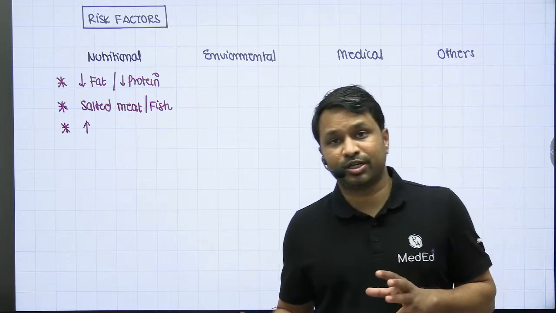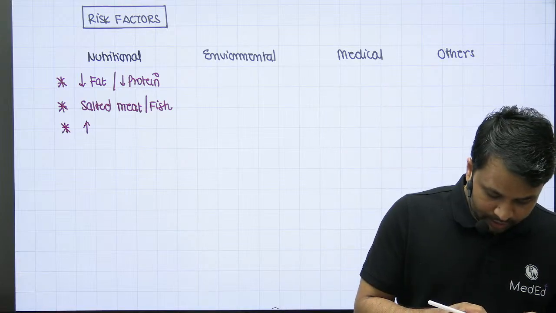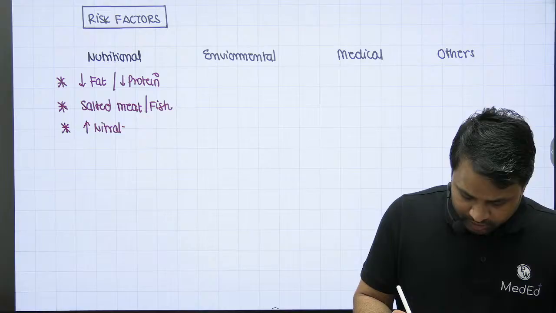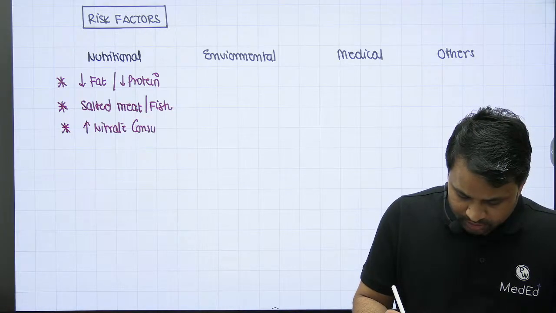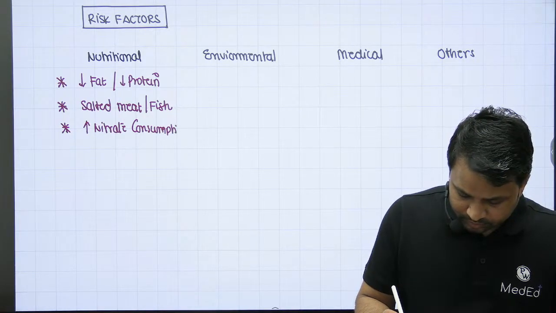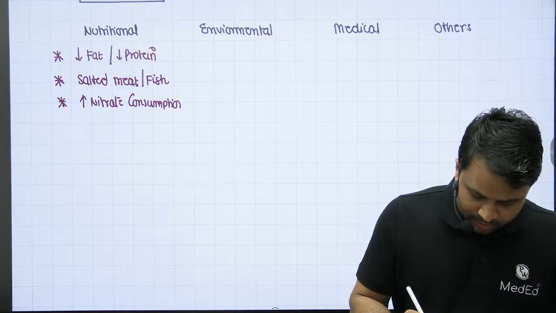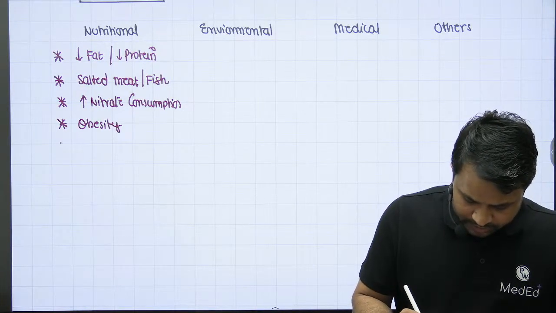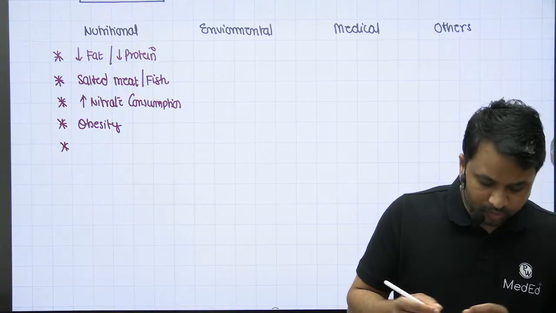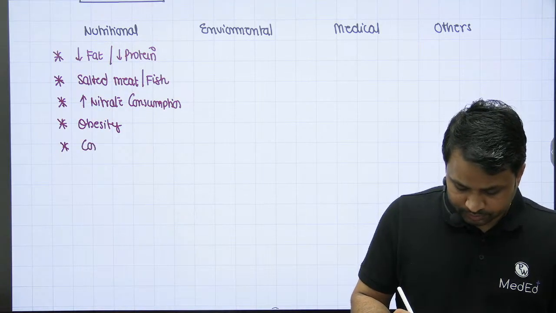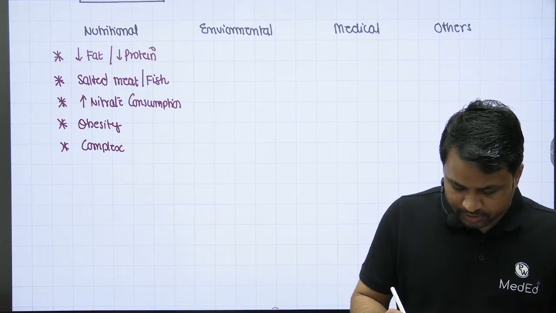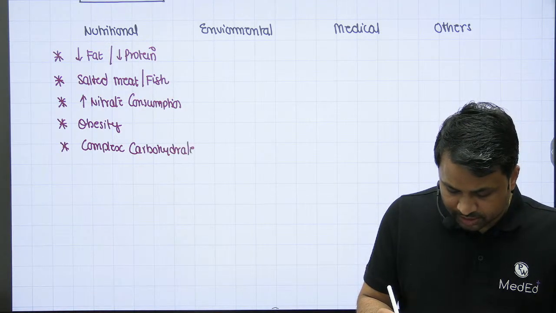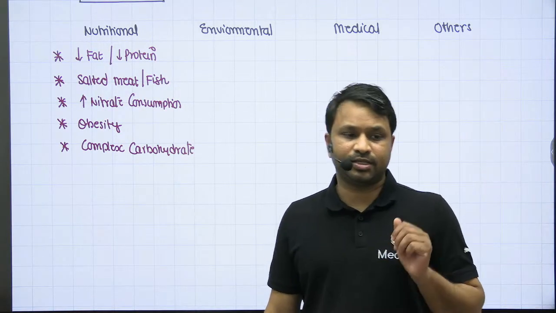Food which is rich in nitrate, so increased nitrate consumption, obesity, and consumption of complex carbohydrates. So these are the nutritional risk factors that can increase the risk for CA stomach.